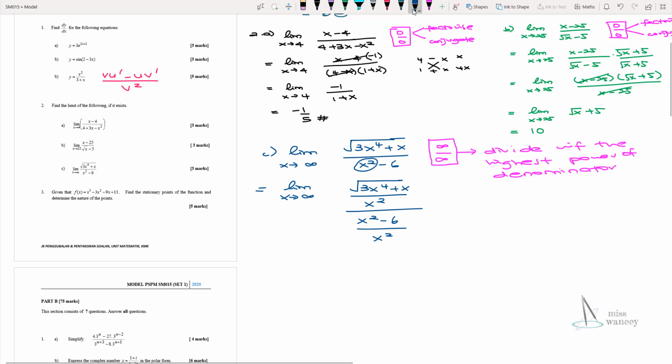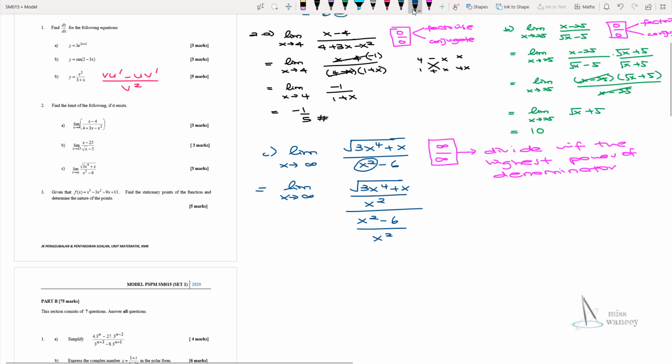Okay, so basically in our denominator, that is fine, we can actually divide them. But in our numerator, we got some problem over there, because in our numerator, we have something with a surd. In our denominator, we don't have something with a surd. So we must change it into a surd as well.